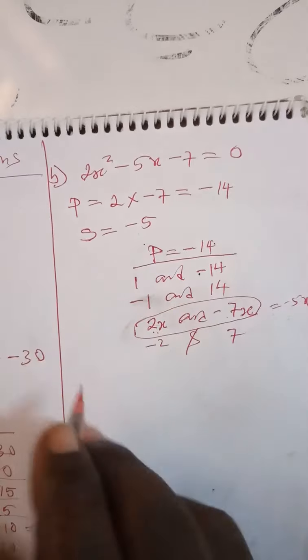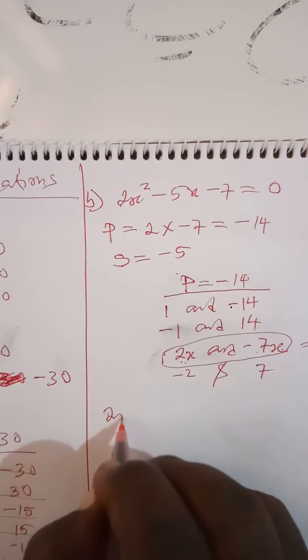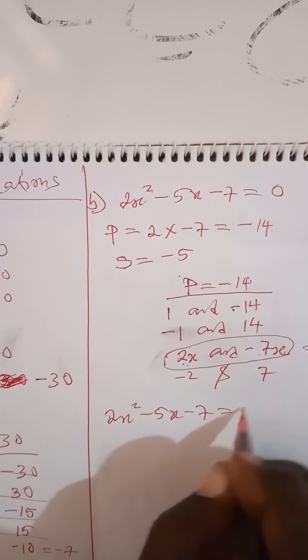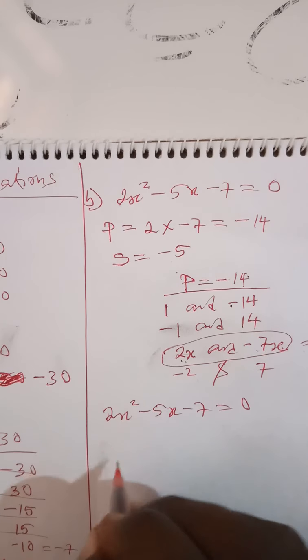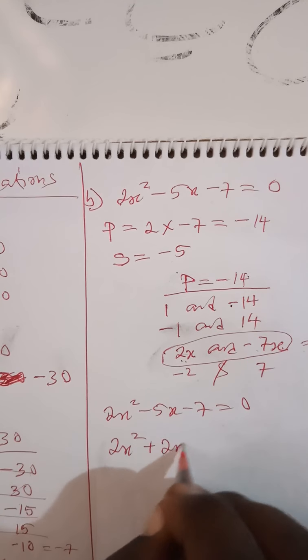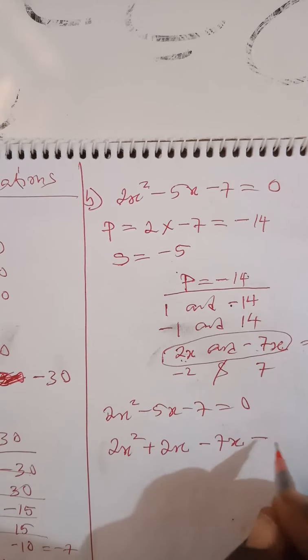With these new factors. So if I write my equation again, I have 2x squared minus 5x minus 7 is equal to 0. So I will replace this by these new factors, right? So I'll have 2x squared plus 2x minus 7x minus 7 is equal to 0.